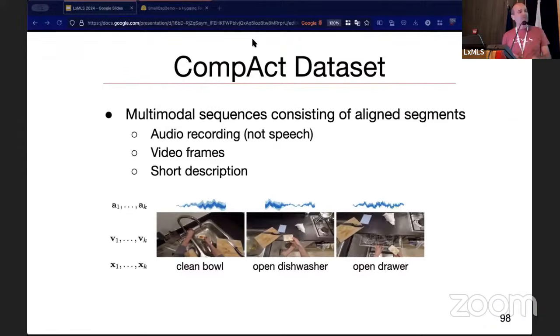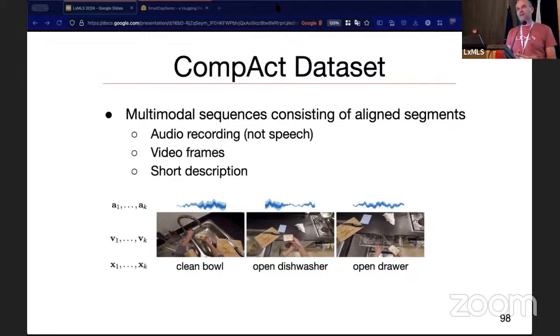Okay. So from this really huge resource of egocentric visual data, we create something called the COMPACT data set, where we have multimodal sequences that are aligned through time. So we have audio recordings, but it's not speech. People are not talking in these videos.